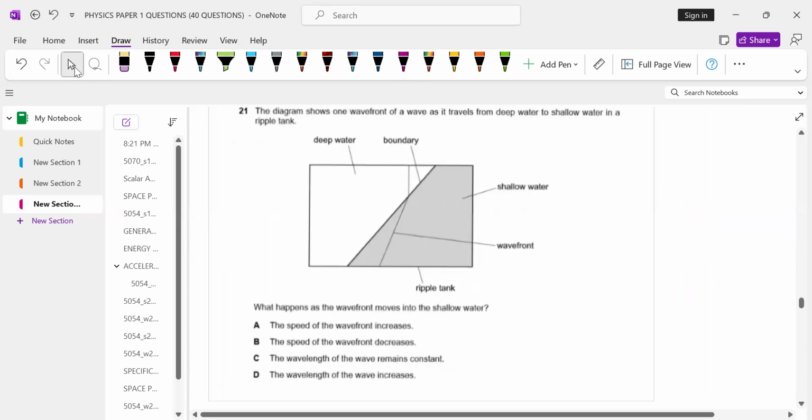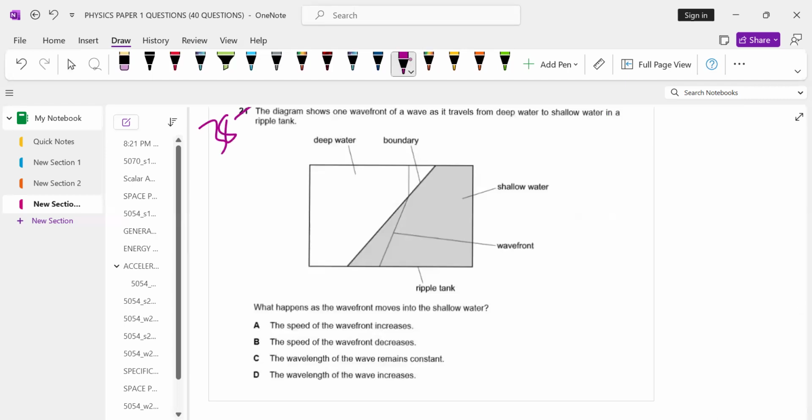Question number 38 says the diagram shows one wavefront of a wave as it travels from deep water to shallow water, from D to S. I told you in the previous video that from deep to shallow, the speed decreases, the wavelength decreases, and the frequency remains constant.